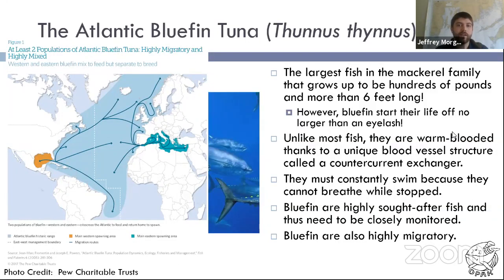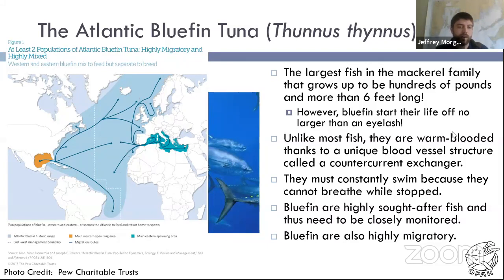One reason that this species is harder to protect is because it is highly migratory. As you can see on the map here, there are two main subspecies within the Atlantic Ocean. We have the one that's on the coast of the United States, and then we have the Mediterranean subspecies as well.